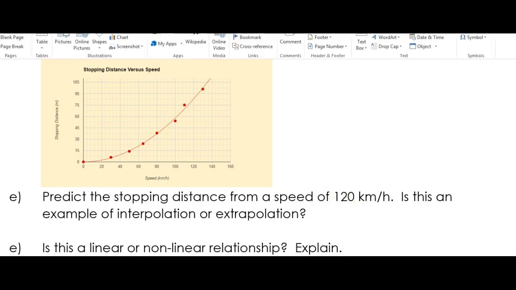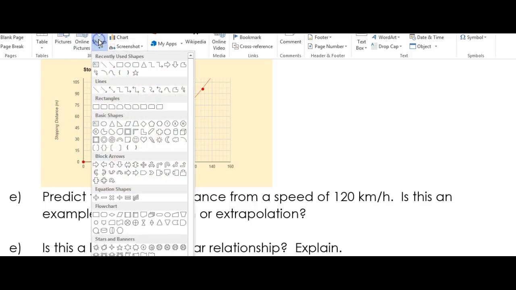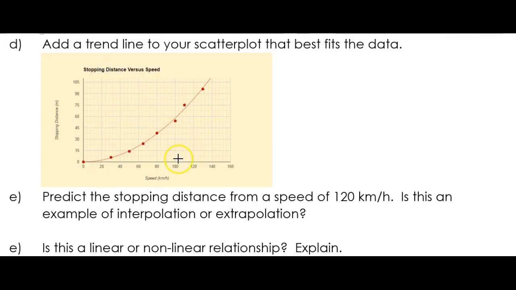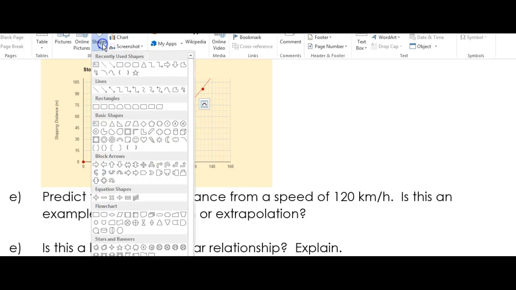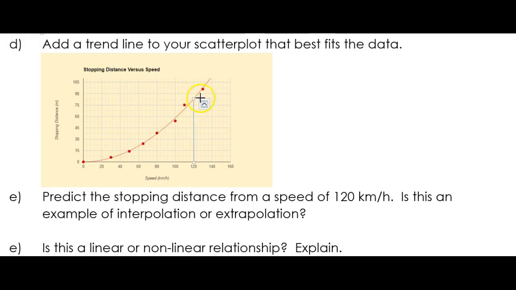So I'm going to insert a little line here to show that. So 120 is right here. So I would go right up to this point on the graph, right up to my trend line. And I'm going to use that trend line to fall over to my vertical axis.